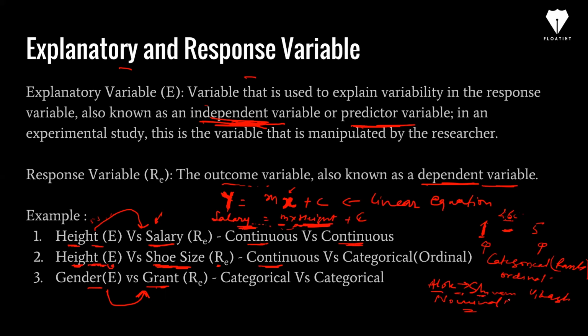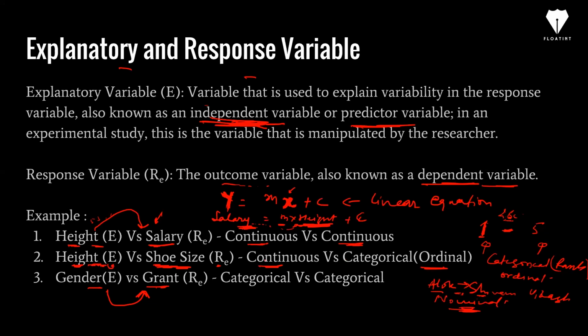Similar thing goes with gender also. In gender, you cannot say male is greater than female, or female is greater than male. There is no rank to it. Those are on the same level, but there will be different values. So that is called a nominal categorical value. But this is ordinal, where there are fixed discrete values that can be taken, but there is a rank to it.